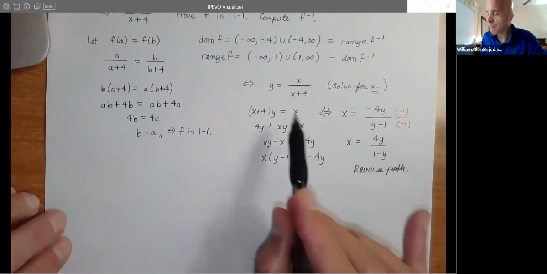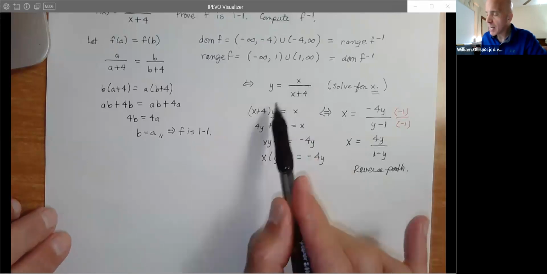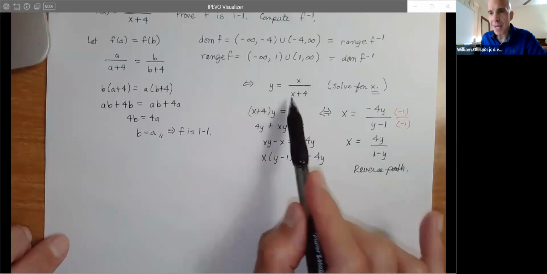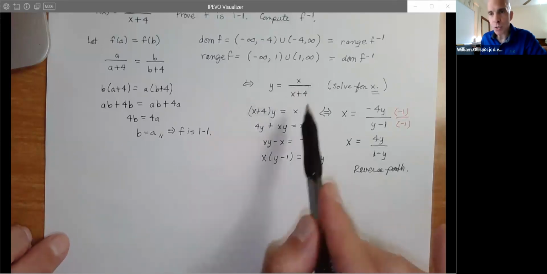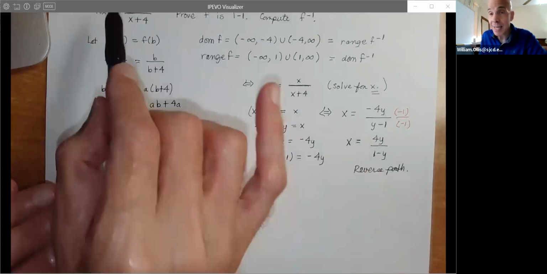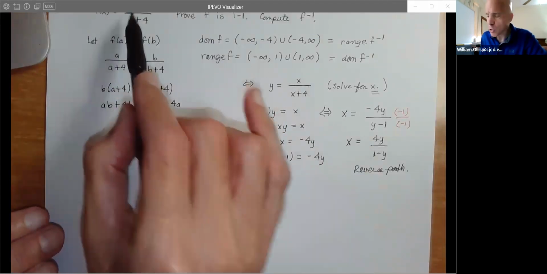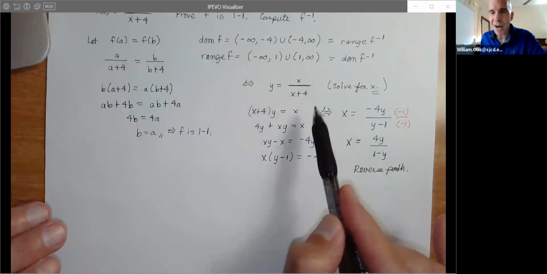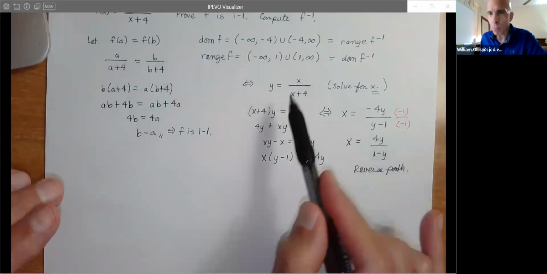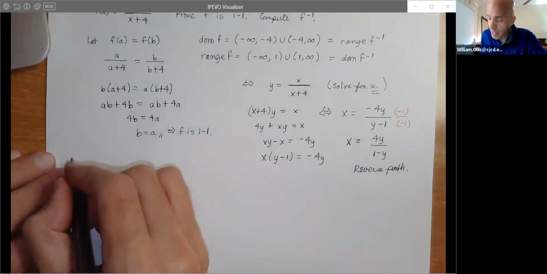But you see here, if we need any restrictions in our problem, we want to preserve the x's and y's because the restrictions will be based on the x's and y's as they exist in the original function. So you don't want to start switching things around and get confused. But notice here, we don't have any restrictions that we have to apply.